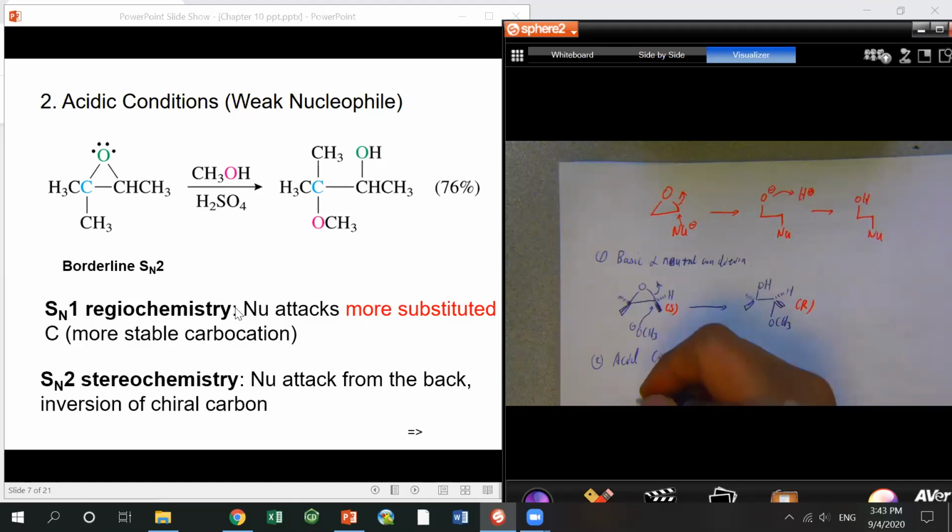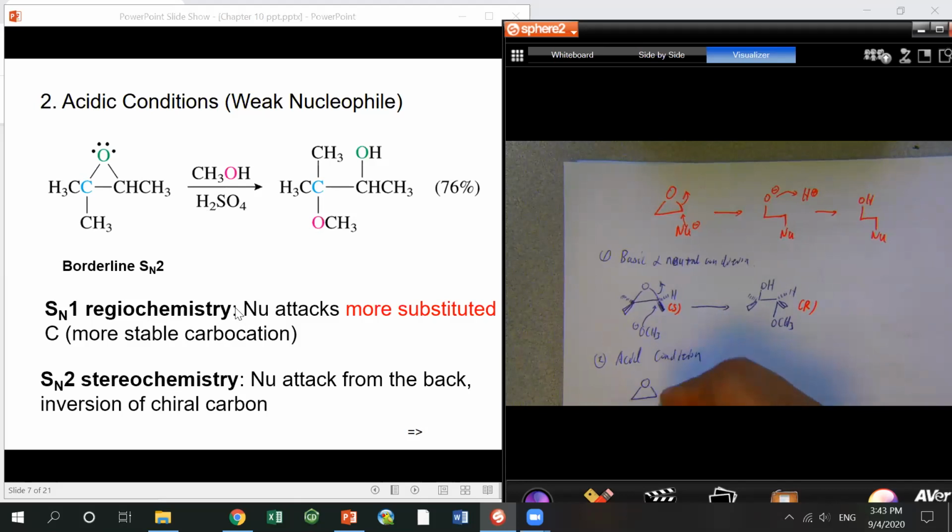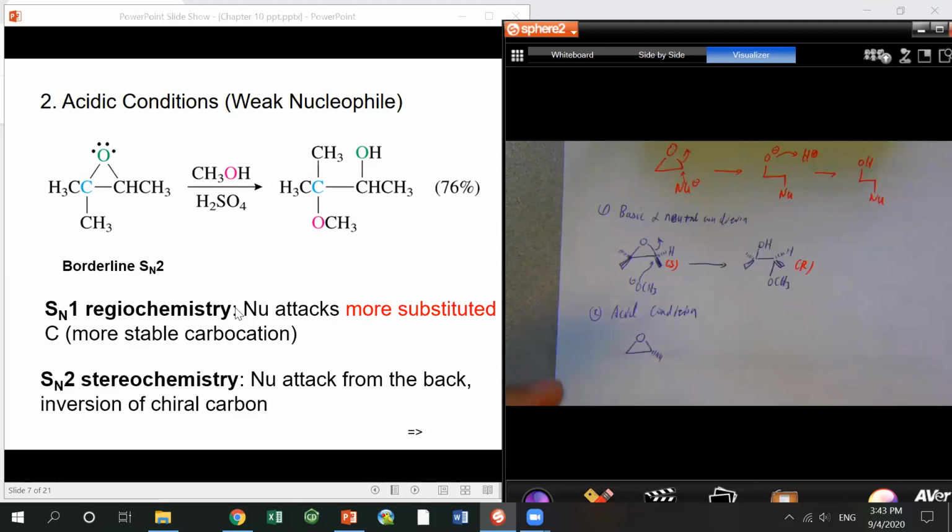So I'll draw the mechanism for you guys. I use this epoxide example. You can see there are two carbons.